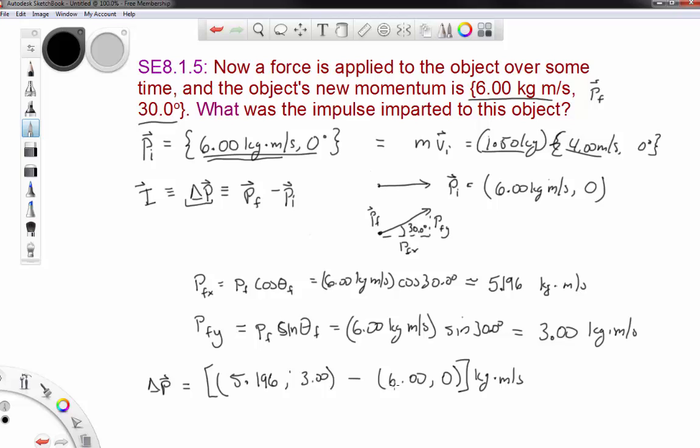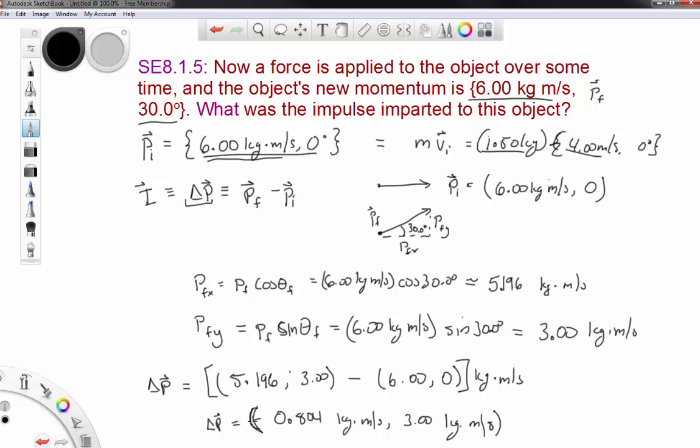So 5.196 minus 6 should give me negative 0.804. So delta P is negative 0.804 kilogram meters per second, comma, positive 3.00 kilogram meters per second.